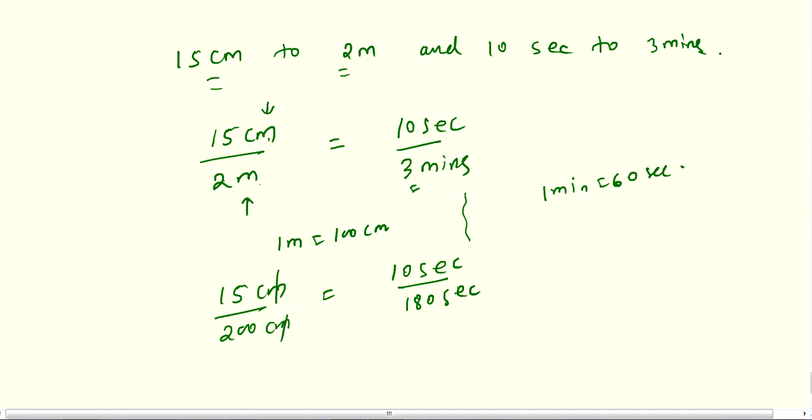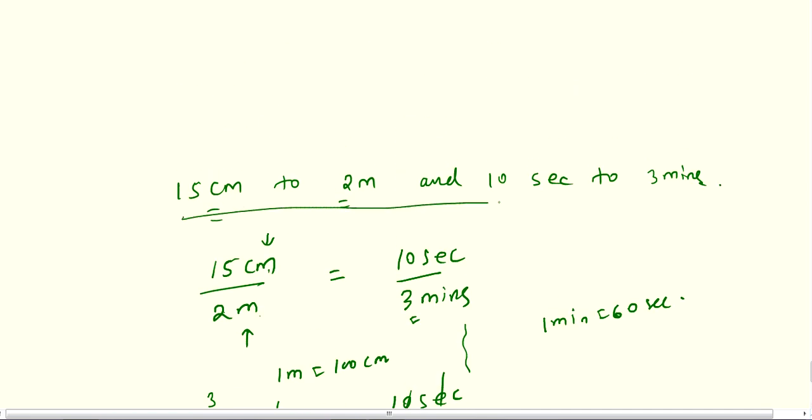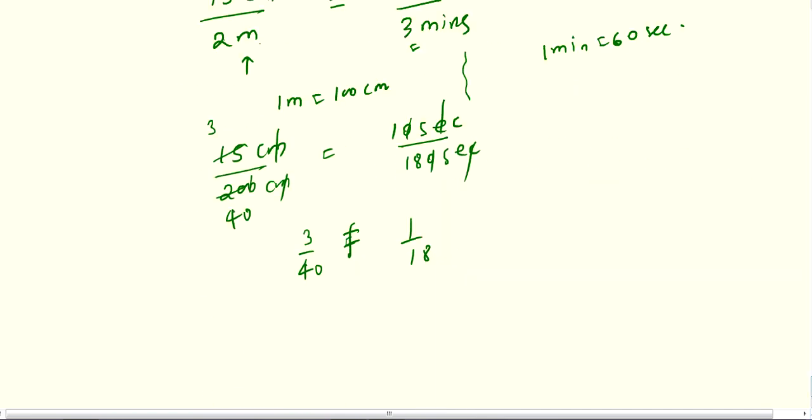Now centimeter gets cancelled, second cancelled. Then 5 threes are 15, 5 fours are 20, 5 tens are 50. Then this 0 0 got cancelled, and we have 3 by 40 equals 1 by 18. They are not the same. That means they are not forming a proportion.